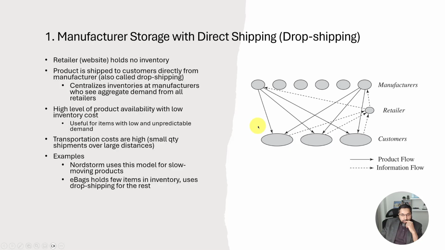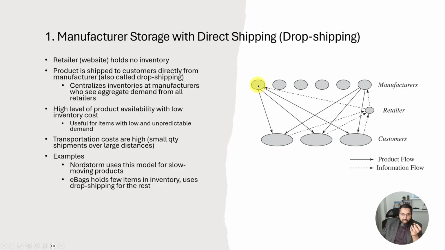In this type of network, you have the maximum inventory centralization, because every single product that flows on this network has only one place in the network where its finished goods inventory lives. So if we're talking about Nike shoes, all Nike shoes live in Nike's manufacturing facility.